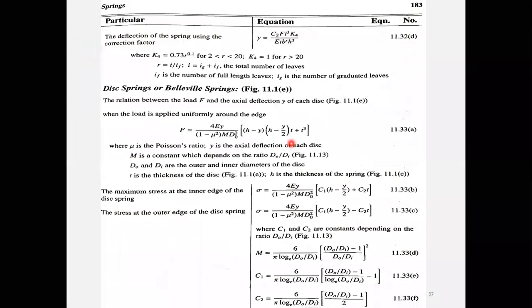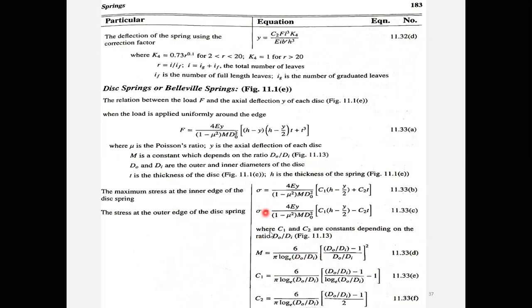And m is the constant which you are going to get from figure 11.13 or by using the formula, equation 11.33d. They will be giving the outer mean diameter and inner mean diameter of the disc. Both these values will be given. From that you can calculate the m constant. This is one method, by using 11.33d or by using figure 11.13.